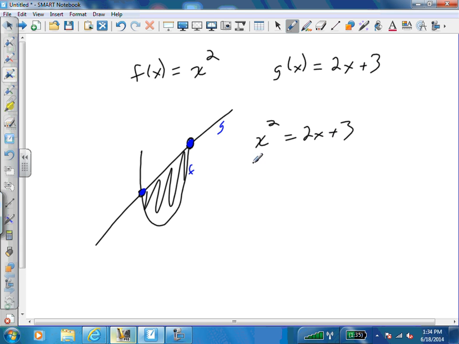How will we solve this equation? Set it equal to 0. Factor.